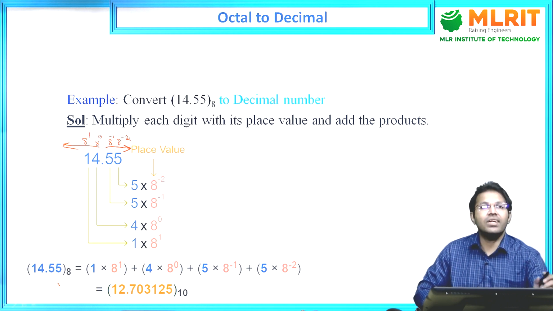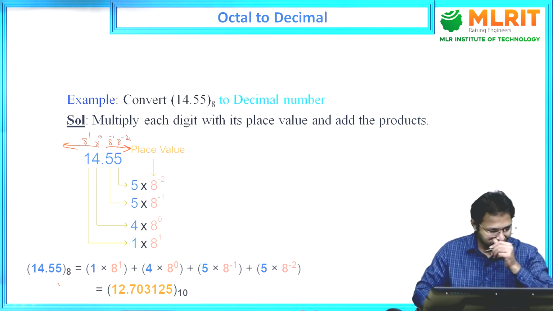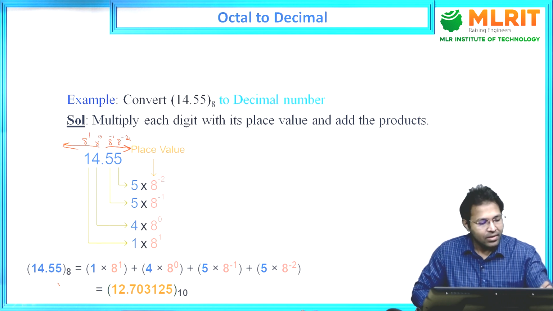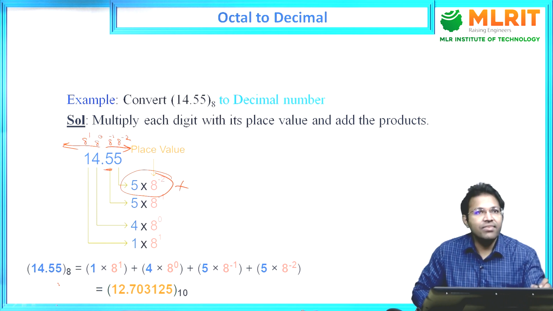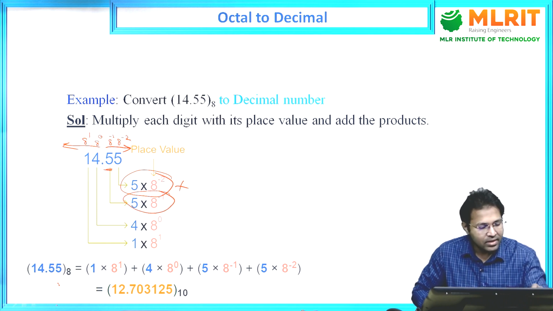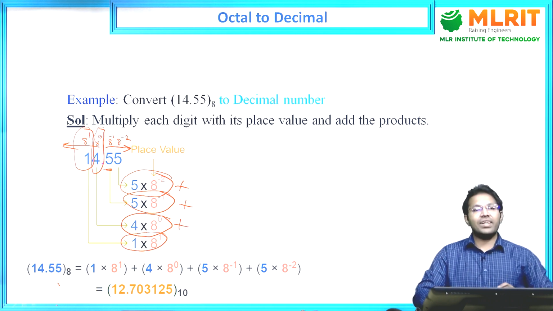So 5 into 8 power minus 2, plus 5 into 8 power minus 1, plus 4 into 8 power 0, and then 1 into 8 power 1. All these 4 we need to add.